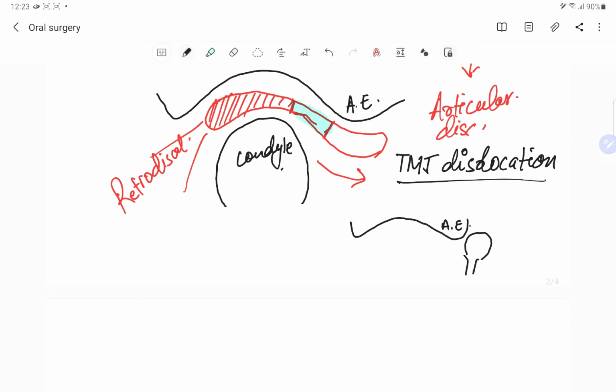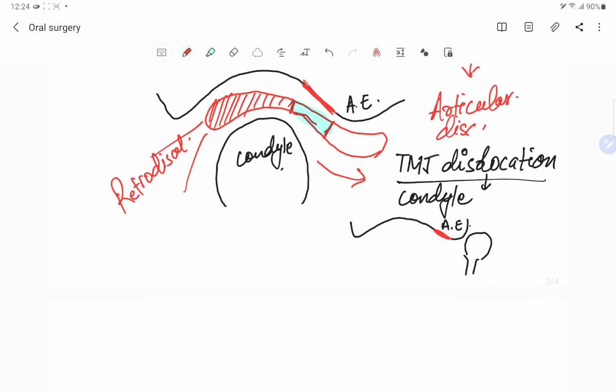So, in the TMJ dislocation, the condyle is the one which is not at its normal position, which has gone beyond the articular eminence. This is the posterior slope of the articular eminence. Normally the posterior slope of the articular eminence is where the condyle is going to sit.